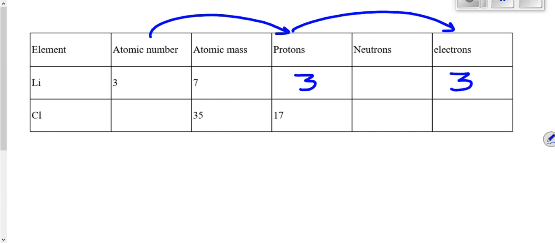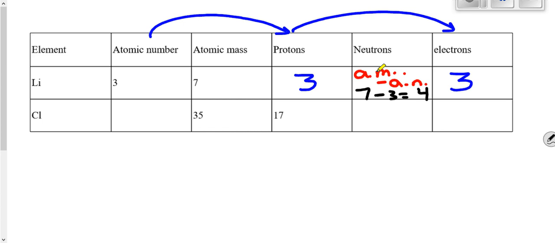To find the neutrons, I'm going to take my atomic mass and subtract from that my atomic number. So my atomic mass was 7 and my atomic number was 3. 7 minus 3 gives me 4. There will be 4 neutrons.